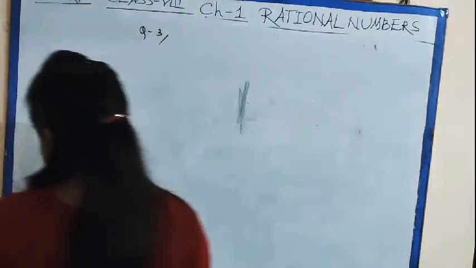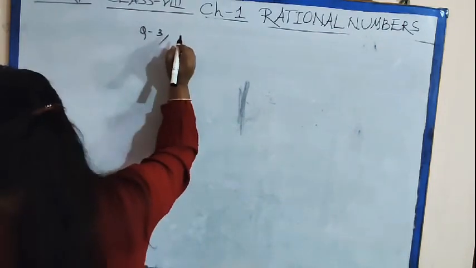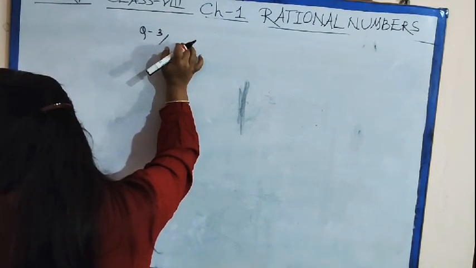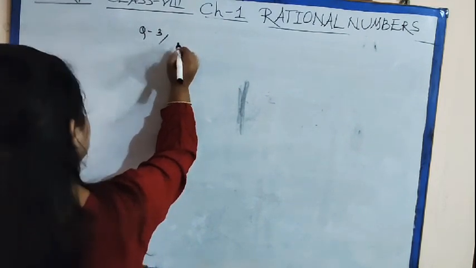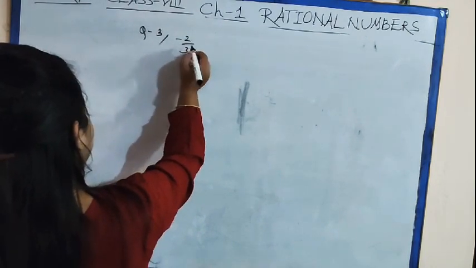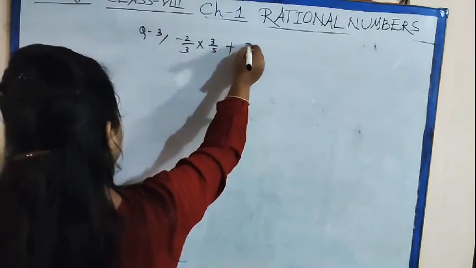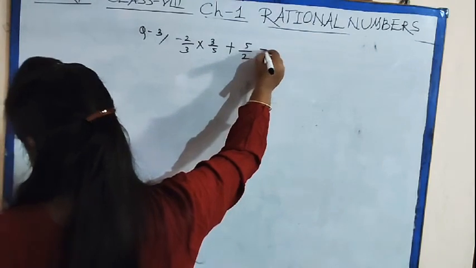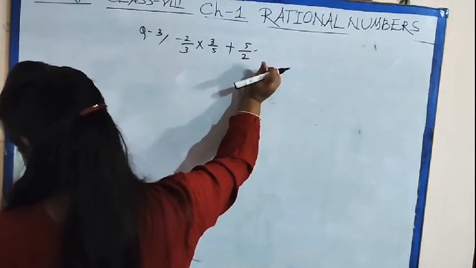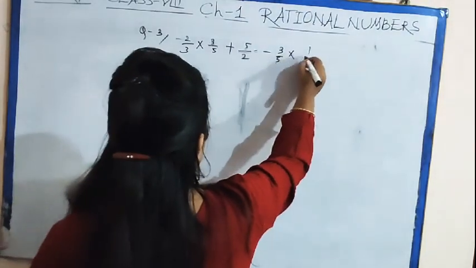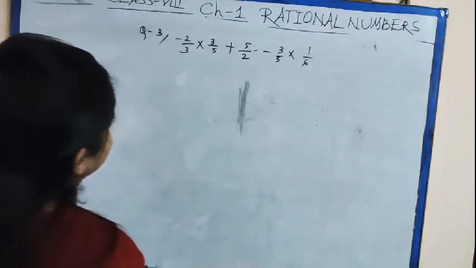Suppose the question is minus 2 by 3 into 3 by 5 plus 5 by 2 minus 3 by 5 into 1 by 6. Okay, this is the question.